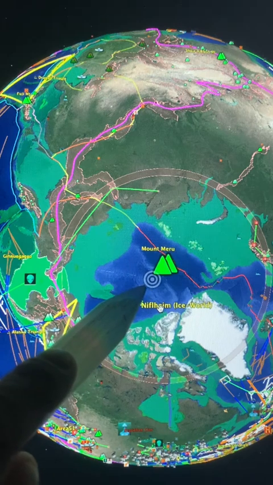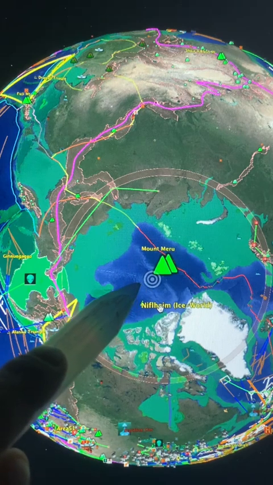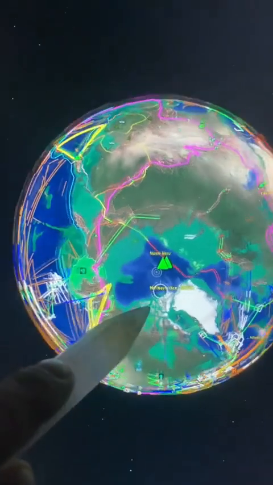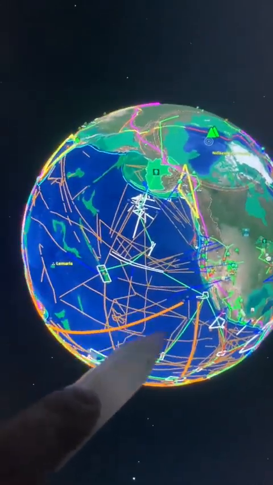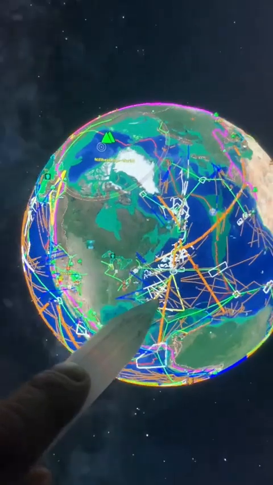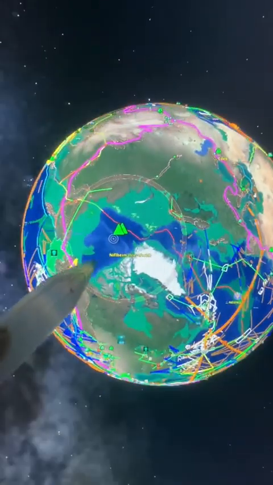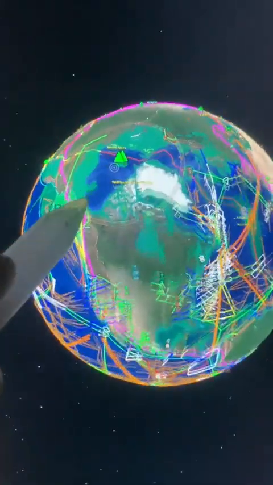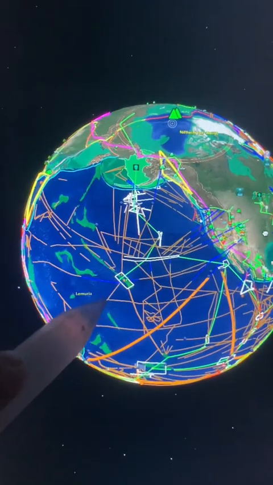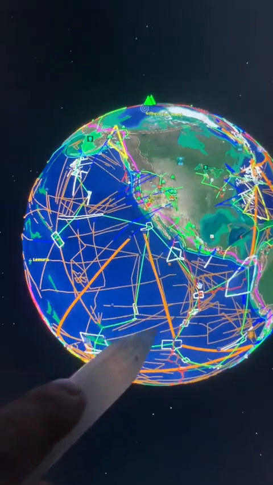And there is a security alien base, an army alien base. Don't forget, most of the bases I talk about are army bases. A lot of genetic alien bases on the continent and a lot of army bases and cities under the ocean.